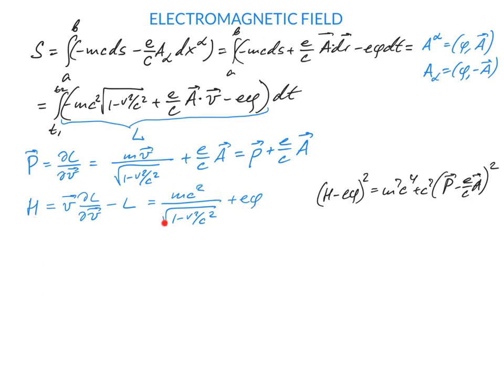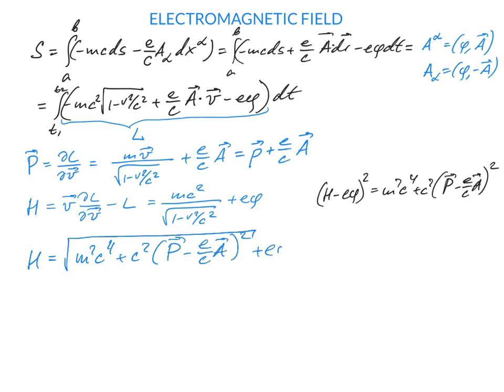You get this expression for the energy of a free particle that's on the left, and then capital P minus e over c A is the kinematic momentum. Using this expression, we can now write the Hamiltonian as the square root of m squared c to the fourth plus c squared times capital P minus e over c A squared, plus e phi.